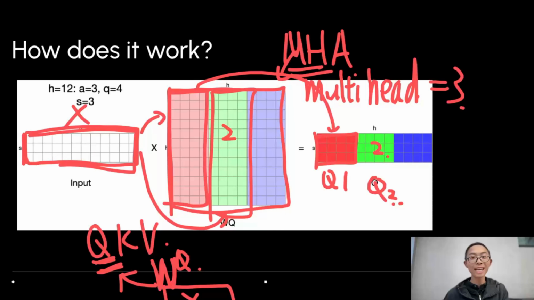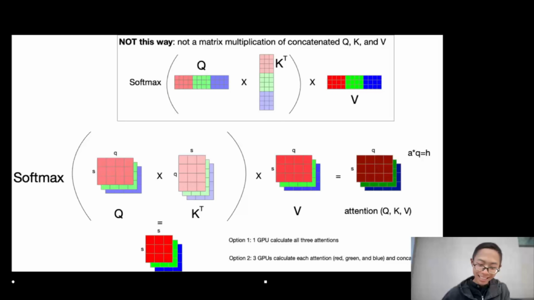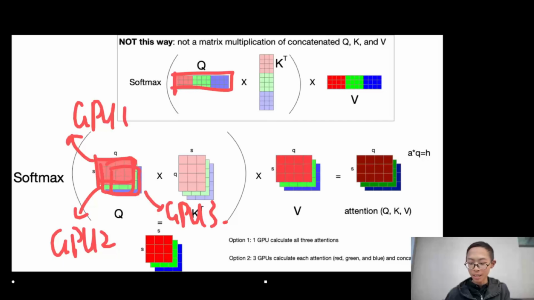How can we divide it into different GPUs? With one GPU, we compute those 3 heads of multi-head attention together and return this big chunk of result. But if you have 3 GPUs, how to divide it? Instead of one big chunk, we just assign each head to one GPU. And finally, we concatenate those 3 heads together.